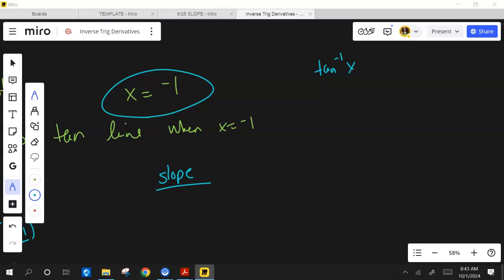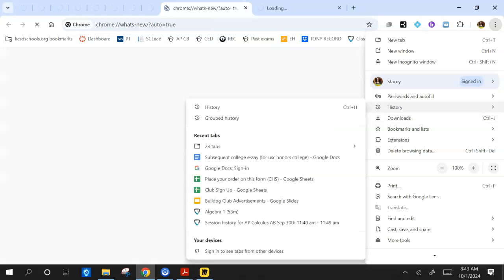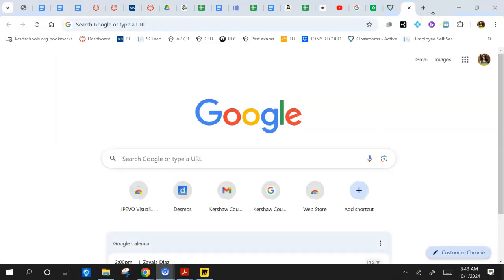Every one of my tabs just closed. Inverse tan. Second tangent. Second tan x. I didn't know we needed a calculator. Oh my gosh. It probably is. I also never shut it down. I just close it. Inverse tan.